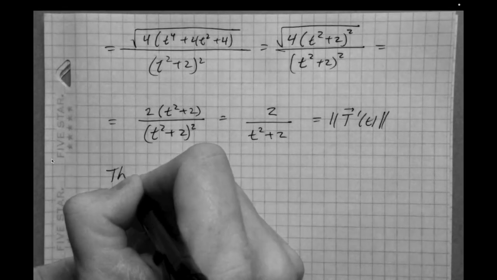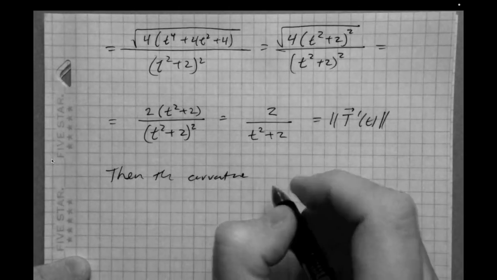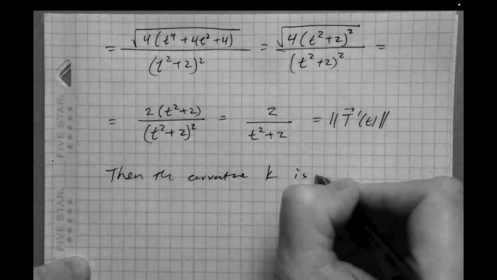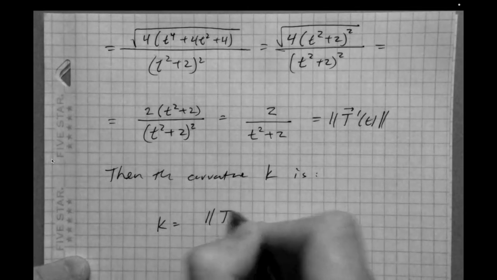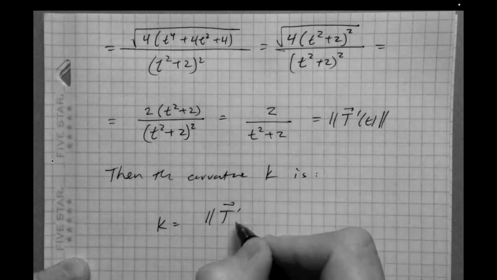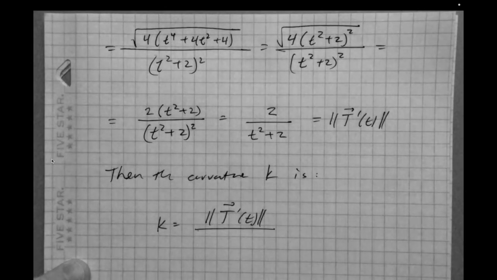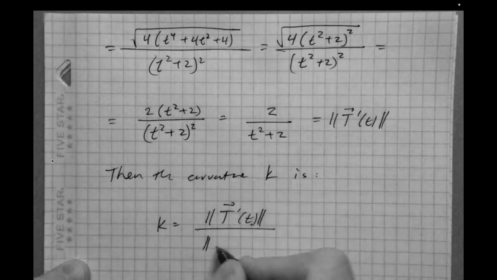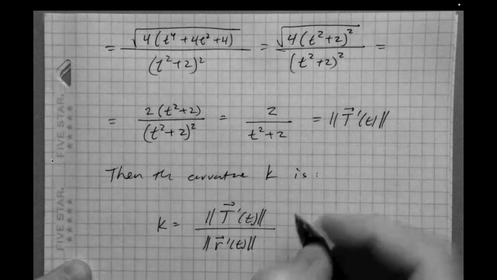So then we would say that the curvature K is, remember what this is, the norm of the derivative of the unit tangent vector parameterized with t, divided by the norm of the derivative of r. Okay, we have these pieces now.